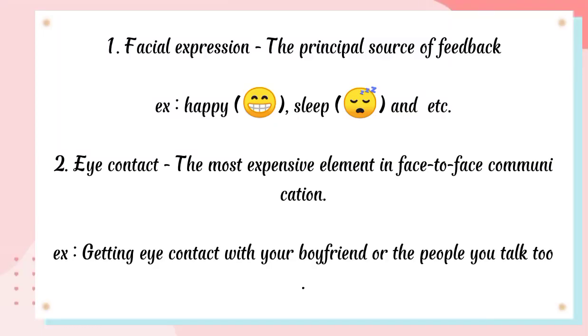First, we have facial expressions. Facial expression is the principal source of feedback, for example happy, sleepy, and so on, because it shows your emotions and feelings. Those are the examples of facial expression.